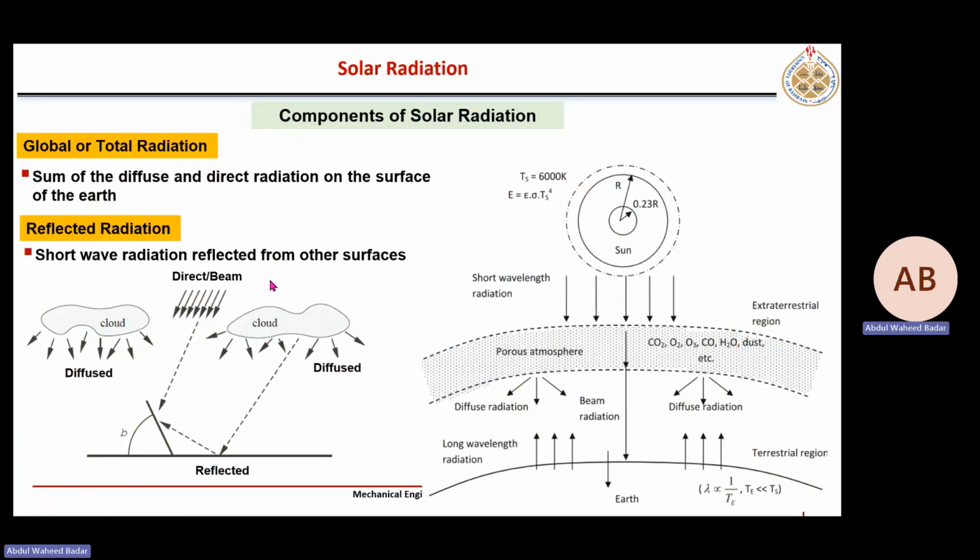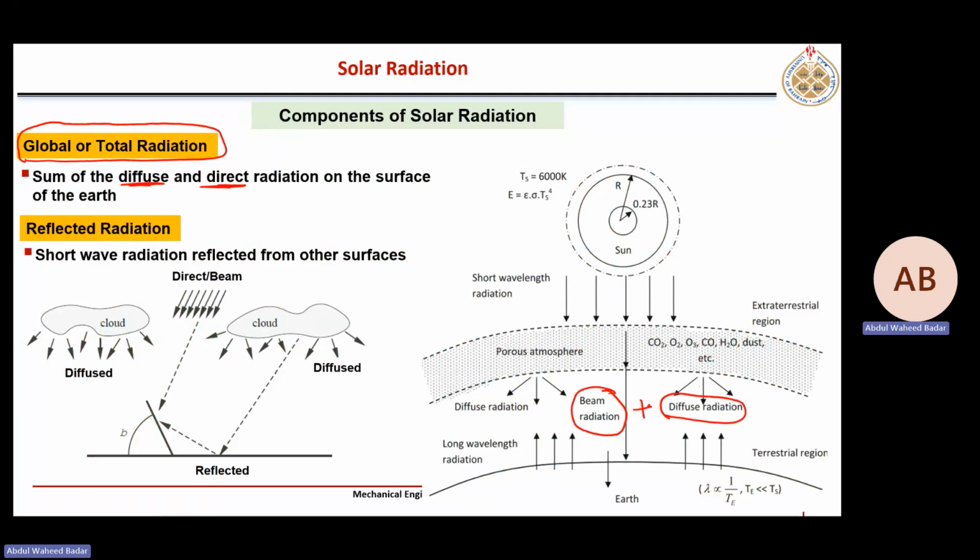So I already explained what is direct or beam radiation and what is diffuse radiation. If you sum these two, beam and diffuse, that is called global or total radiation. The sum of the diffuse and direct radiation on the surface of the Earth is called global radiation.